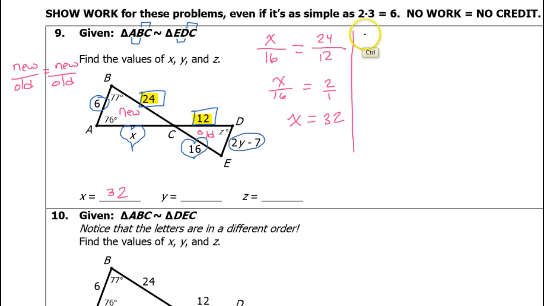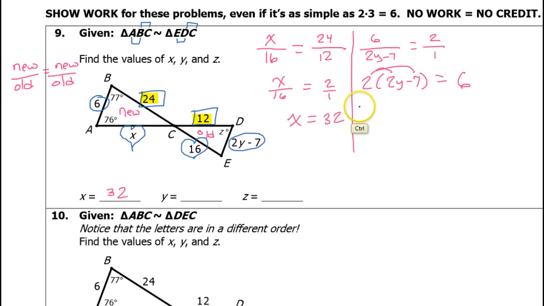Now, when I go to find Y, let's match up the corresponding sides involving Y. That's the 6 and the 2y minus 7. Since I'm doing new over old, I'm going to do 6 over 2y minus 7. For the other corresponding sides, I could use 12 and 24 again, but that reduces down to 2 over 1, so I'm just going to go straight to that. If I cross multiply, along this diagonal, I'm going to have 2 times 2y minus 7, and along this diagonal, I'm going to have 6.